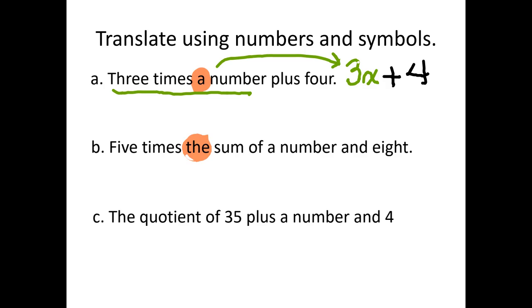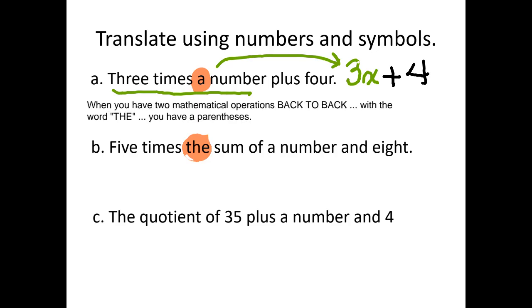When you have two mathematical operations back to back with the word the, you have a parentheses. That's what this problem is. Now, 5 times is going to be 5, but the word the creates a parentheses.